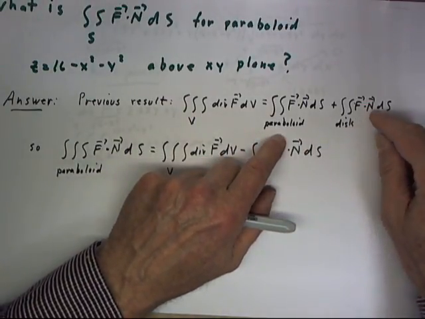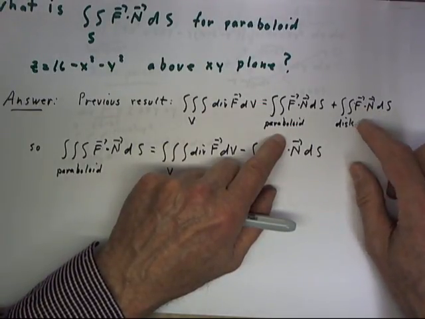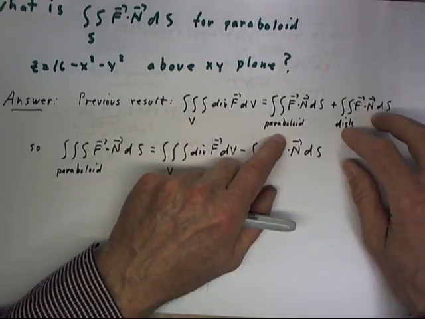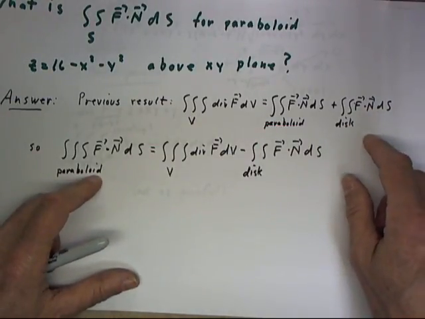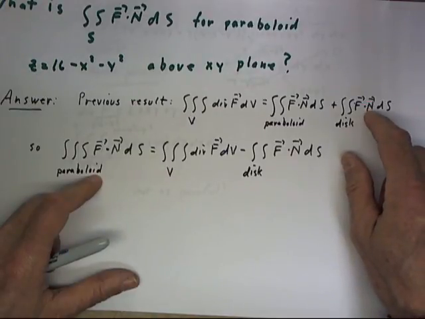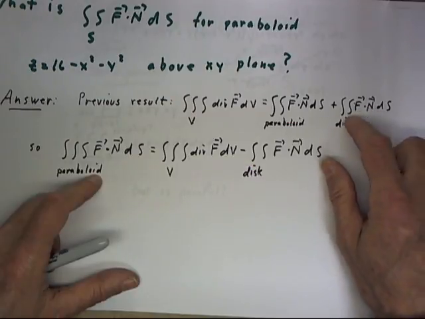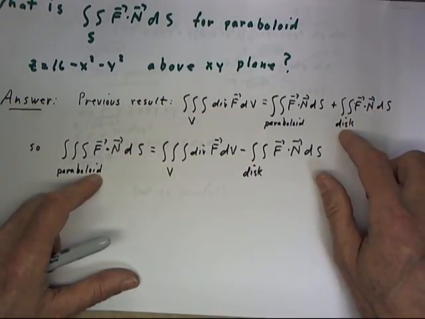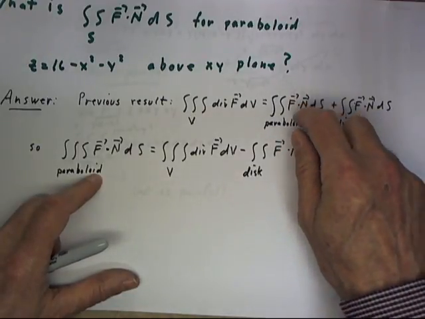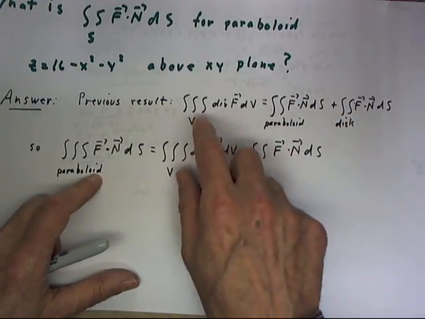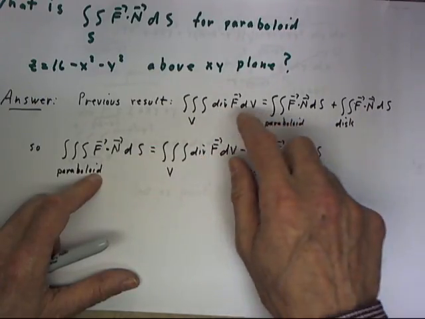It turns out that this one was easy to evaluate, and that, in fact, it was 0, but maybe in some cases it wouldn't be 0. It's still going to be a much easier integral because it's an integral over a disk in the xy plane. The normal vector is negative k, and if the f function didn't contain a factor z, this would be a non-zero result. But we could still get the integral over the paraboloid by doing the easier integral of the divergence and subtracting the easier integral over the disk.